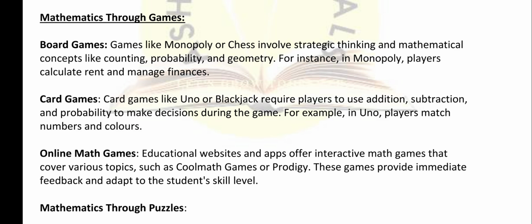Let's see. So we have games like board games. Games like Monopoly or chess involve strategic thinking and mathematical concepts like counting, probability, and geometry. For instance, in Monopoly, players calculate rent and manage finances. See, so here games are given like Monopoly or chess. We all love to play chess, right? Black and white.